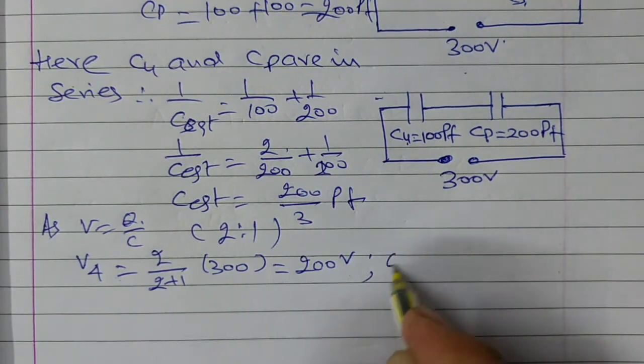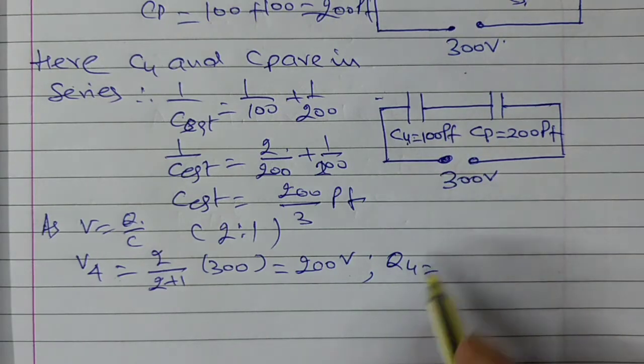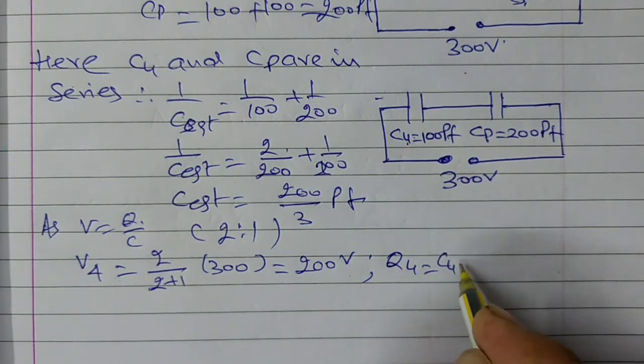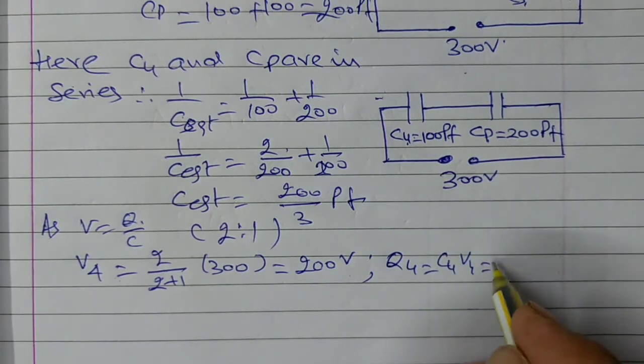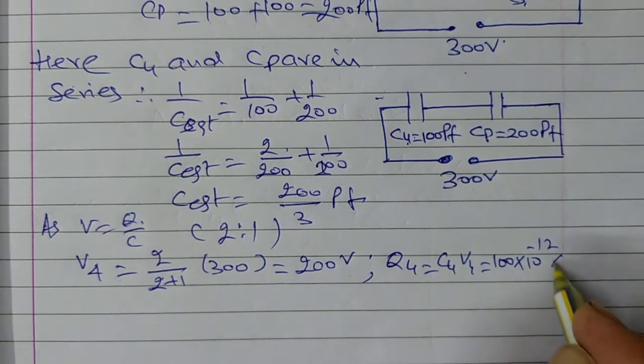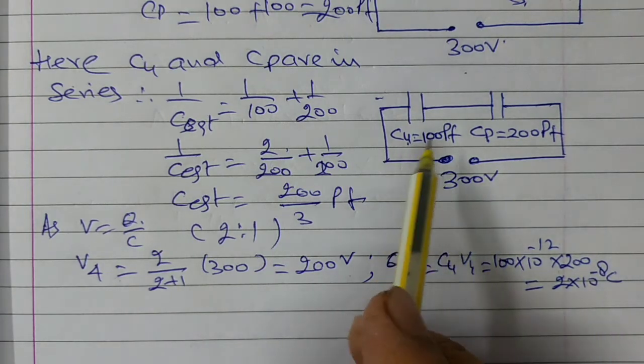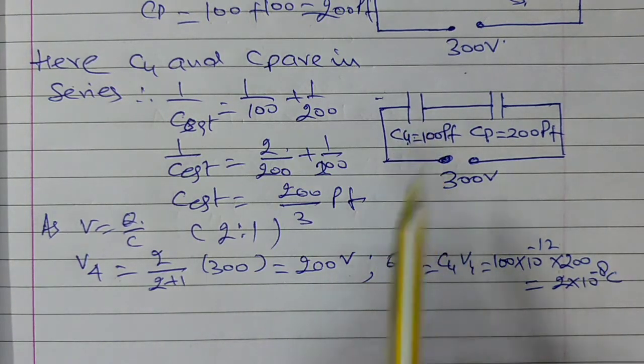And hence Q4 is equal to charge on this capacitor. Q4 is equal to C4 into V4, and this is 100 into 10 to the power minus 12 into 200 volt. Therefore, this is 2 into 10 to the power minus 8 coulomb. This is the charge on C4 capacitor.